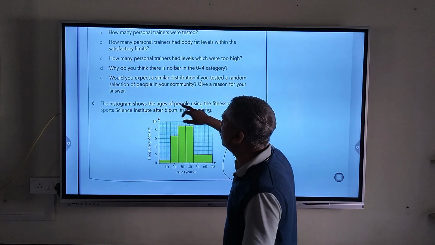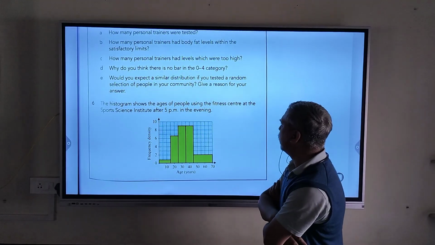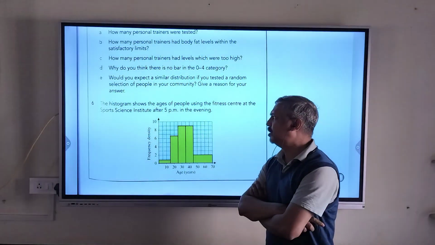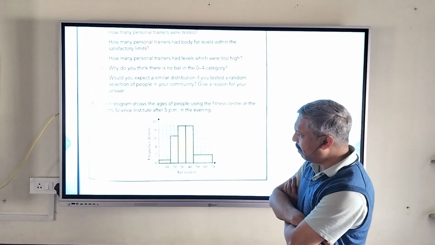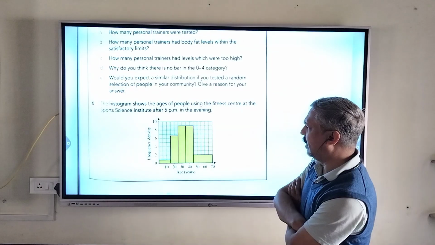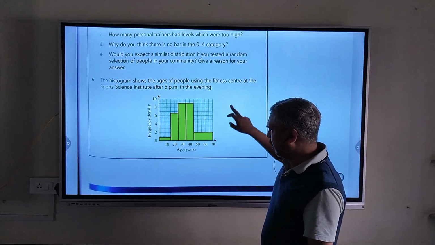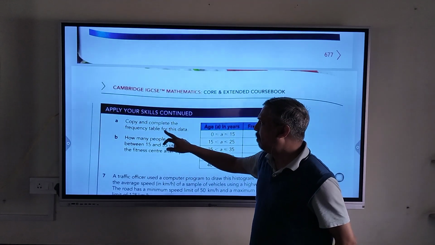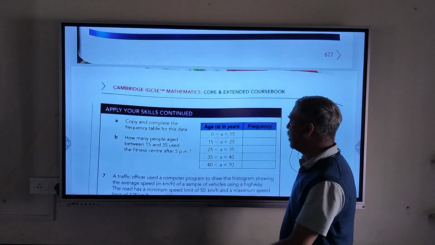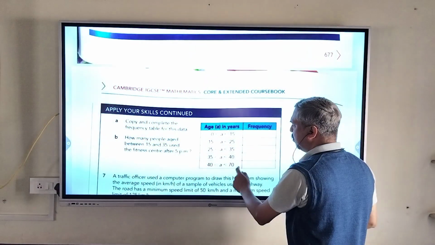Question number 6. The histogram shows ages of people using the fitness center at the Sports Science Institute after 5 p.m. in the evening. The frequency density is given. Copy and complete the frequency data for 0 to 15, 15 to 25, 25 to 35, 35 to 40, 40 to 70.